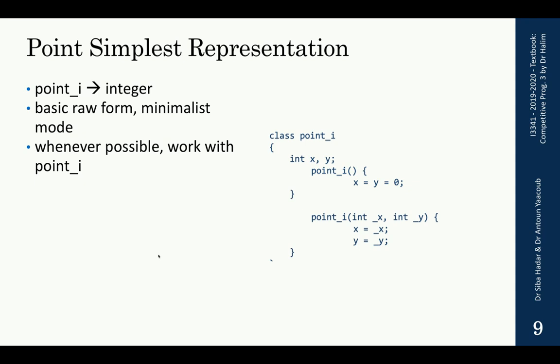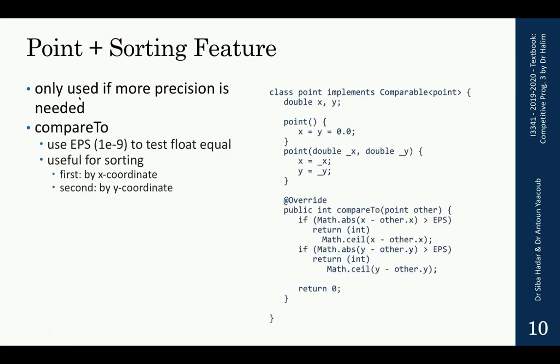So how do we represent a point? We use, whenever possible, the two-dimensional point type, which is point underscore i. Why do we say point underscore i? Because the coordinates of this type are represented as integers. So the advice here is to use point underscore i instead of point, whose coordinates are double.